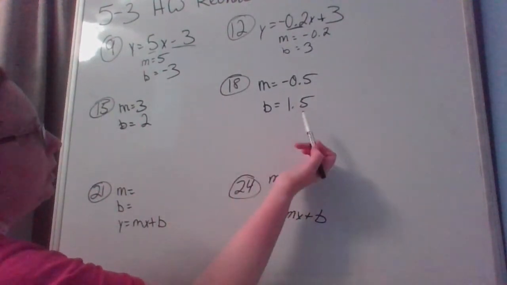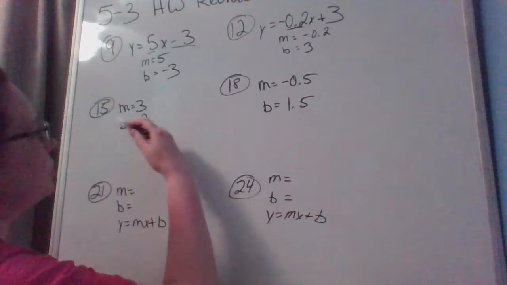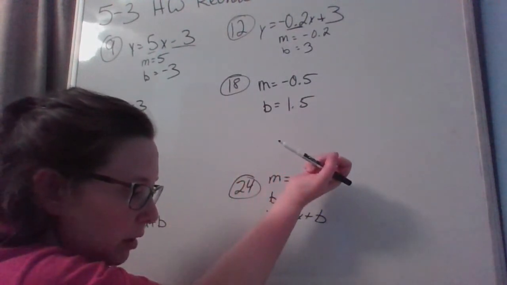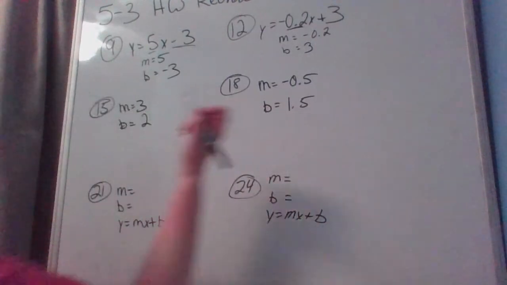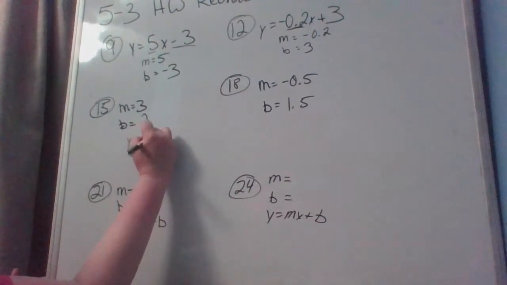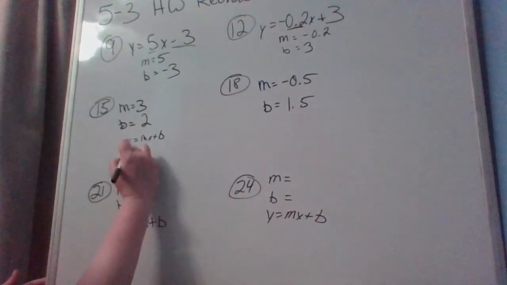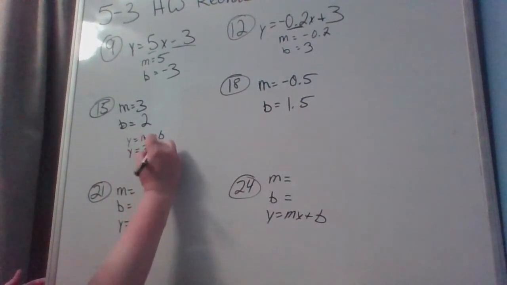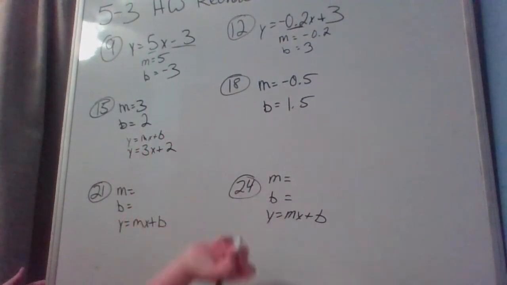Numbers 15 and 18, you are given the slope and the y-intercept, and you are asked to write that equation. So given these, we are going to plug in y equals mx plus b. The y and the x stay. We're replacing the m and the b.